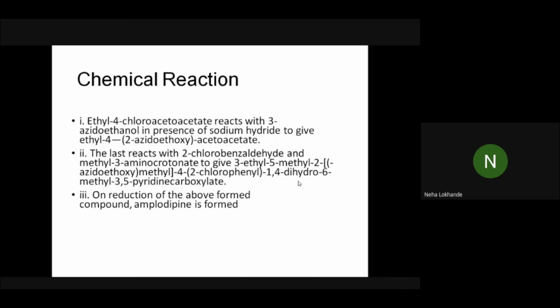Chemical reaction: ethyl 4-chloroacetoacetate reacts with 2-azidoethanol in presence of sodium hydride to give ethyl 4-(2-azidoethoxy)acetoacetate. This then reacts with 2-chlorobenzaldehyde and methyl 3-aminocrotonate to give 3-ethyl 5-methyl 2-azidoethoxymethyl-4-(2-chlorophenyl)-1,4-dihydro-6-methyl-3,5-pyridine dicarboxylate.